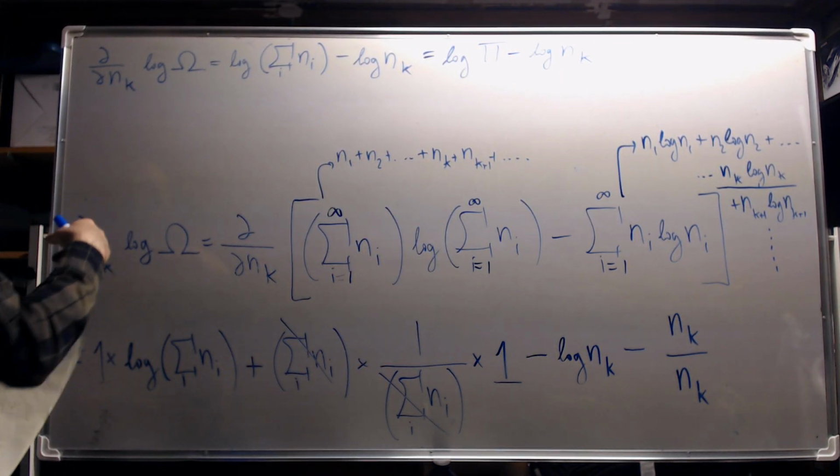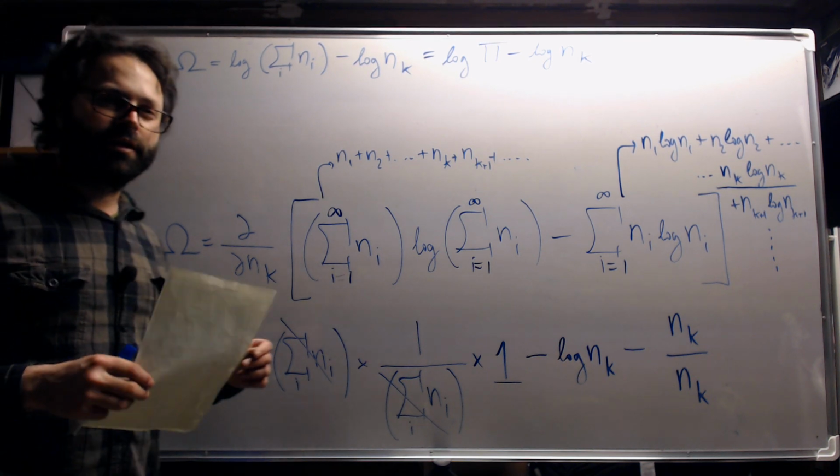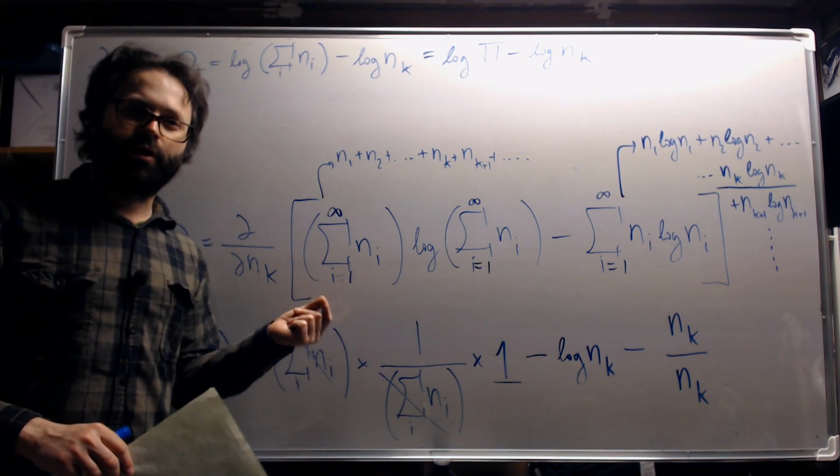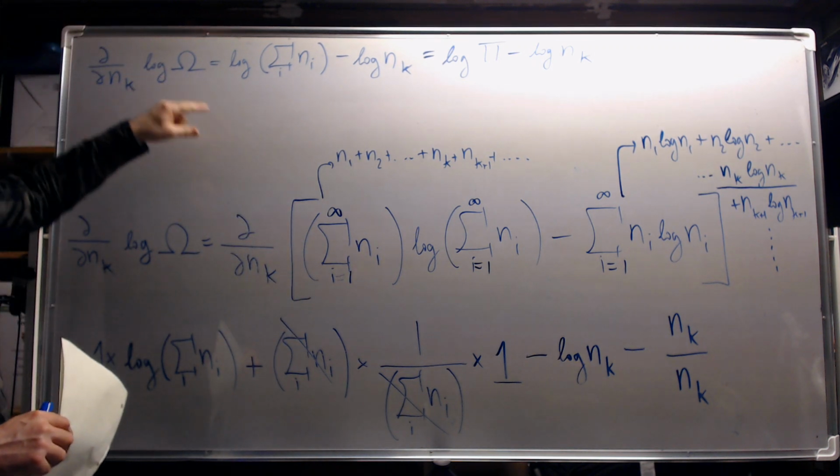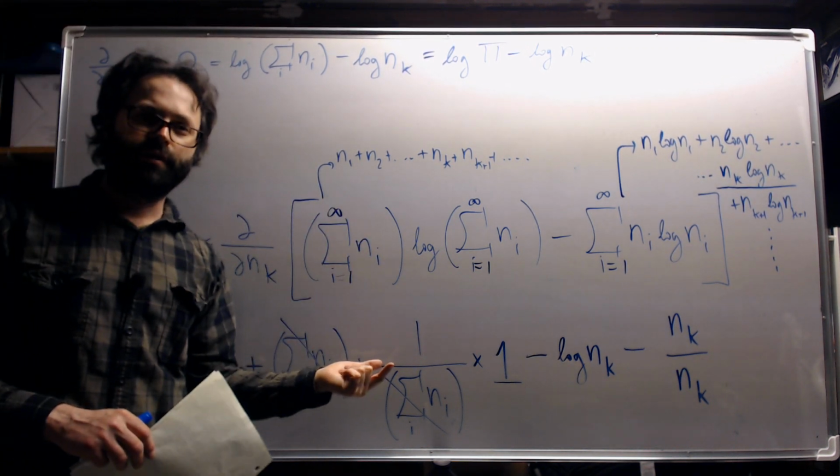But remember that we needed to find the unconstrained extreme of L, the Lagrange function. So now we found the derivative of log of omega, but there are also those constraint terms.